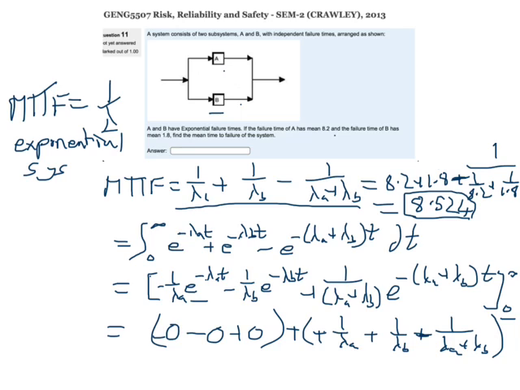First, determine the reliability of the system, then take the integral of the reliability of the system from 0 to infinity, and that works out to be quite a nice little function of the sum of the two mean times to failure of each of the subcomponents minus 1 divided by the sum of the lambda values, or 1 divided by the sum of the reciprocals of the mean times to failure of the components. Hope that makes sense. Happy to explain further if required.